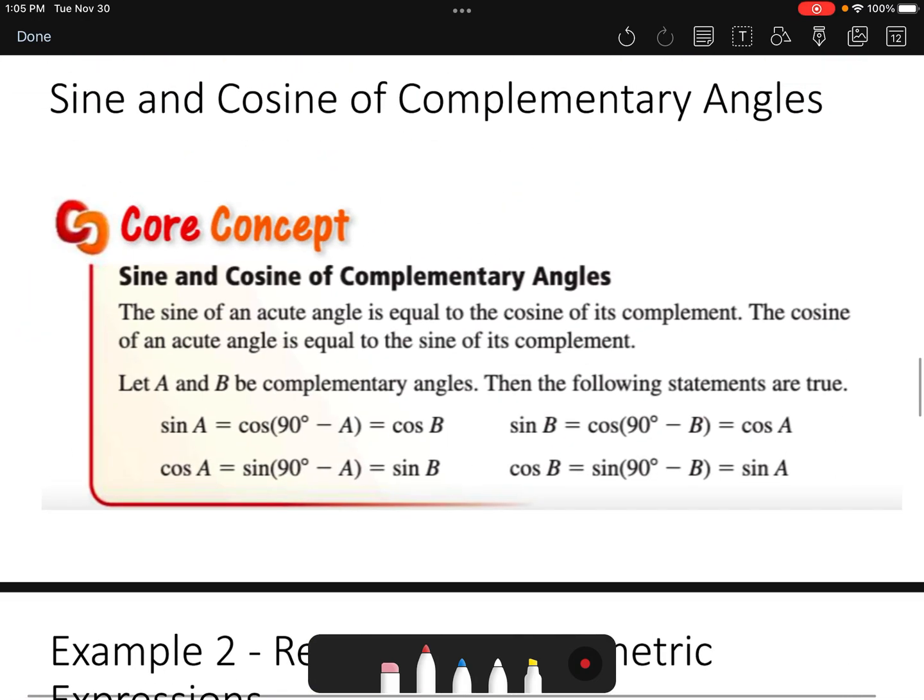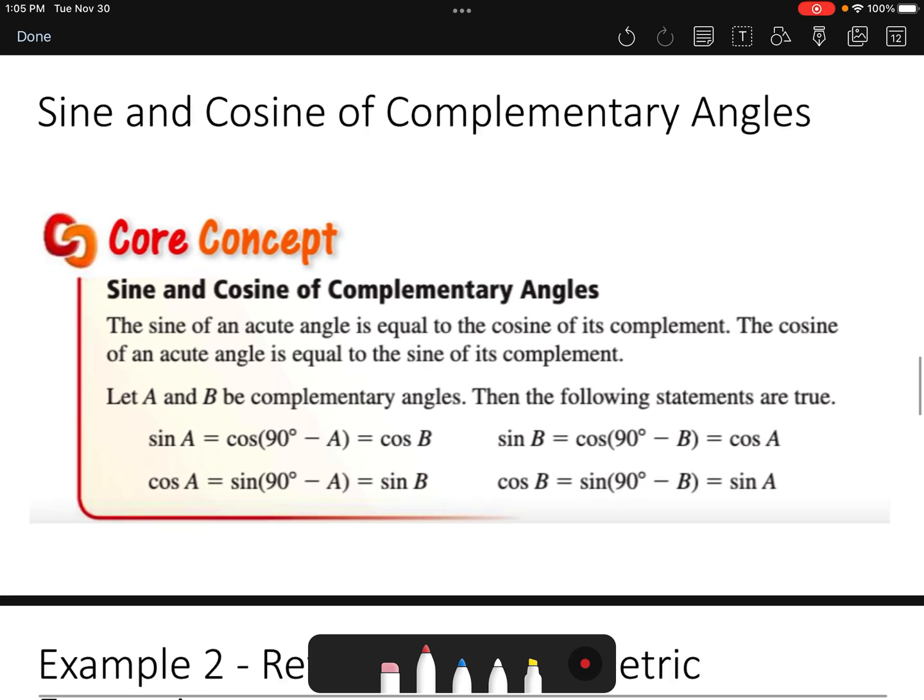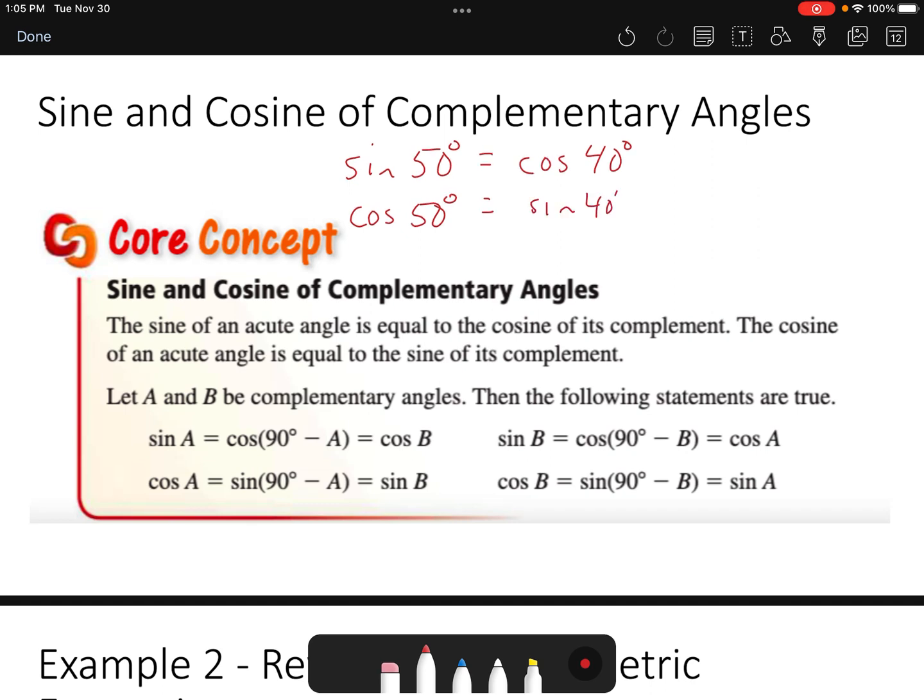Now, that should lead us to this next statement, which makes perfect sense. The sine and cosine of complementary angles: the sine, let's say, of 50 equals the cosine of 40, and the cosine of 50 equals the sine of 40.